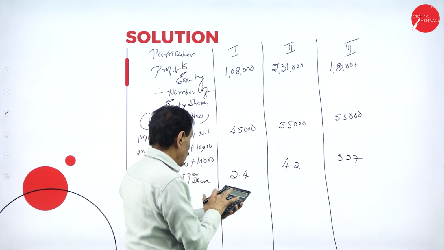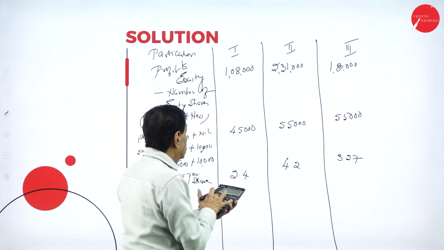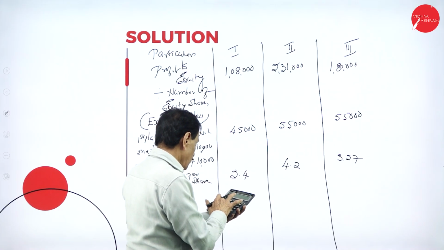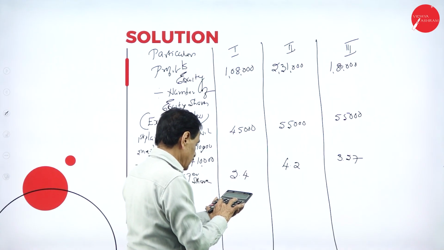Repeat: 2,31,000 divided by 55,000 shares.